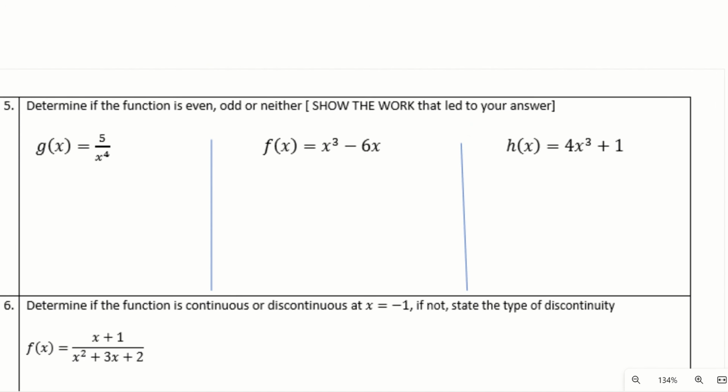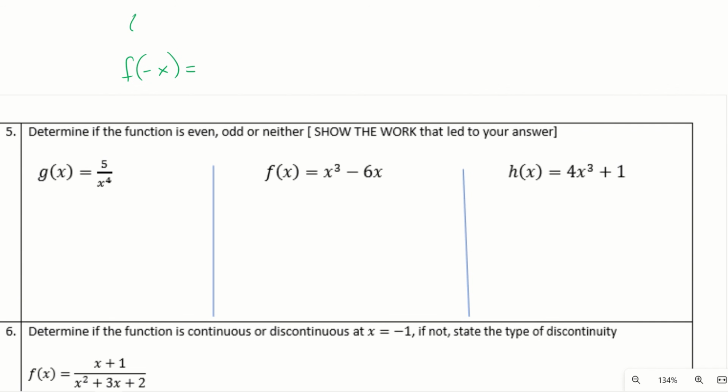So for the next three problems, it says determine whether the function is even, odd, or neither. Whether we're looking for the function to be even, odd, or neither, we start the same way.